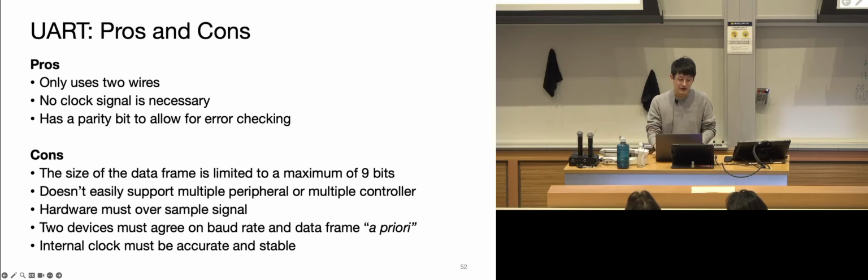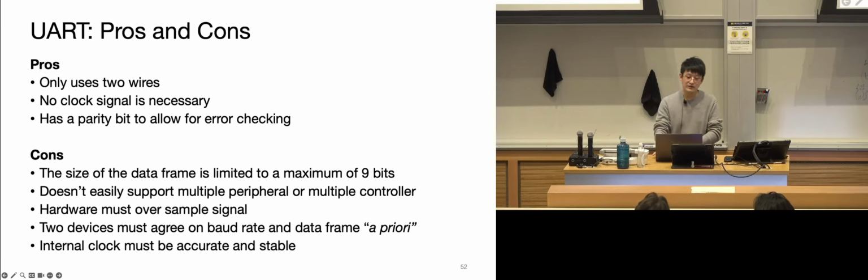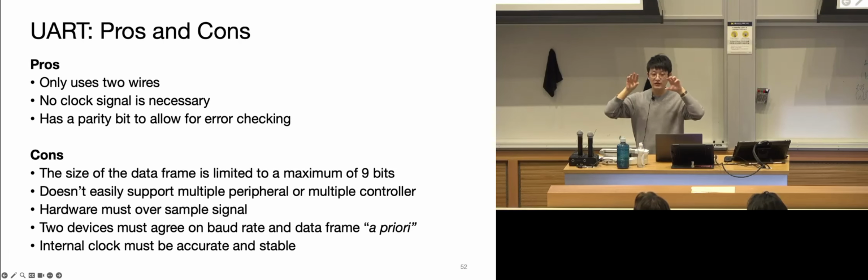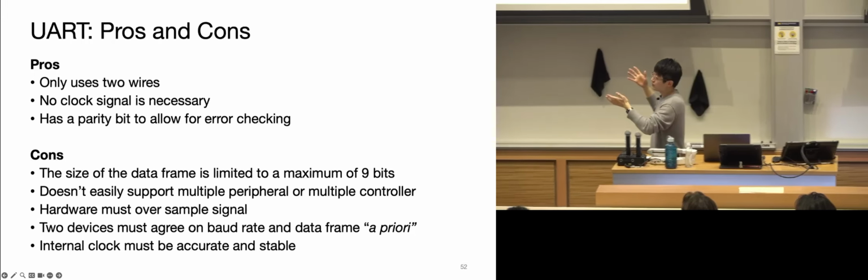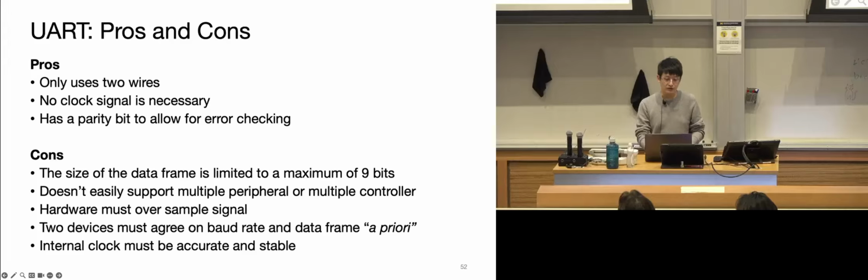That's a pretty low chance. And the cons are the size of the data frame, meaning every time you can send at most a maximum of 9 bits, and it doesn't really easily support multiple peripherals. The example we give is single-to-single communication, right? UART would be pretty complicated to achieve multiple sources talking to each other.